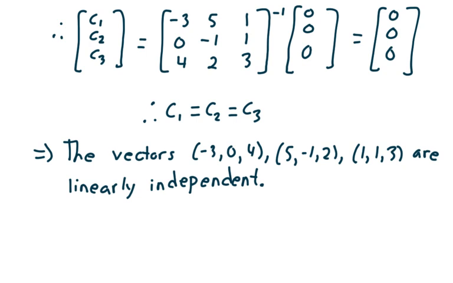So if I go to the next page, I claim that the vector C1, C2, C3 is the inverse of the coefficient matrix times the 0 vector. But that's the 0 vector. And so what that says is C1, C2, C3 must equal 0. And that proves that the vectors (-3, 0, 4), (5, -1, 2), and (1, 1, 3) are linearly independent.